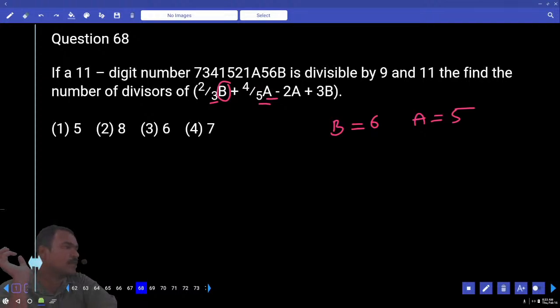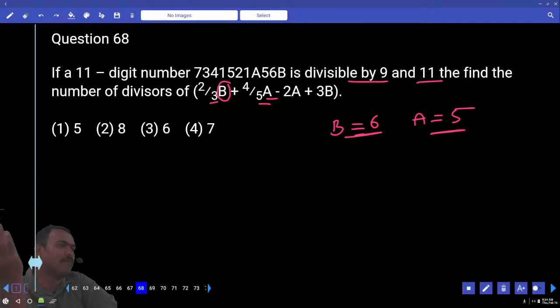Verify the possibilities. It satisfies exactly. B value is 6, A value is 5. What is the divisibility rule of 9? The sum of the digits is divisible by 9. What is the divisibility rule of 11? The alternate digits sum difference will be either 0 or 11.